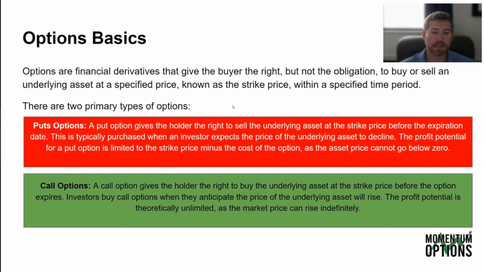Now, on the opposite side, we have call options. A call option gives the holder of the option the right to buy shares of that company. Now, on SPY, the ETF, if we're holding a call option and price drops $50, the right to buy at 500 really sucks. We want to be buying at 450 because it's $50 lower a share.